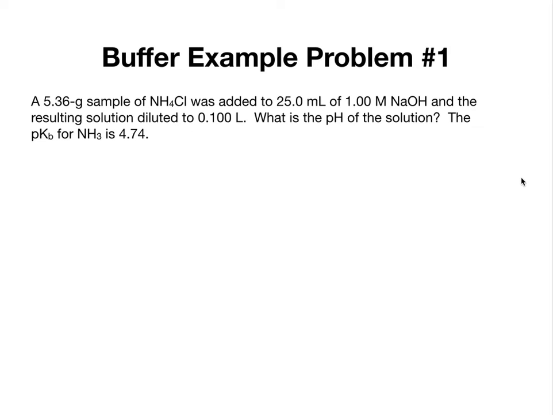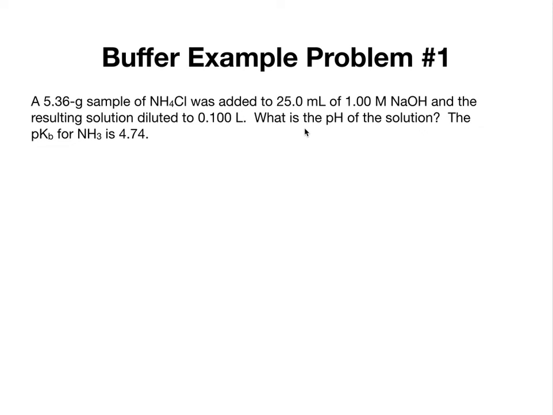Let's look at an example problem. Buffer example problem number 1. A 5.36 gram sample of ammonium chloride was added to 25 milliliters of 1 molar sodium hydroxide, and the resulting solution diluted to 0.100 liters, 100 milliliters.